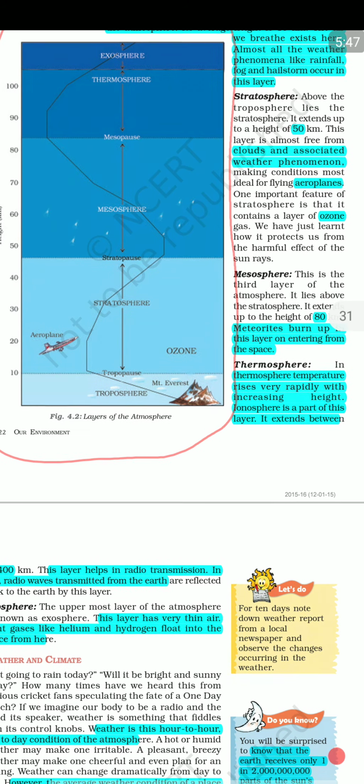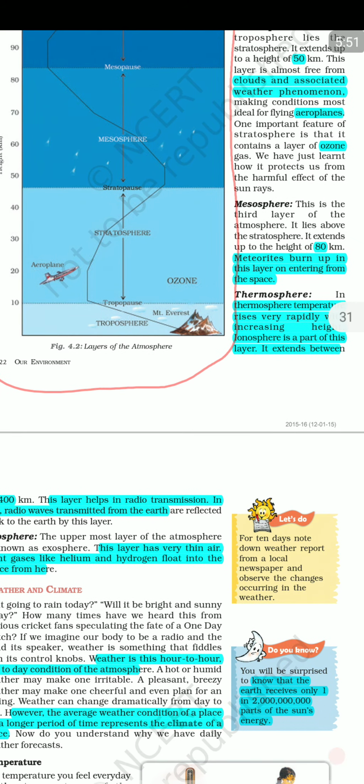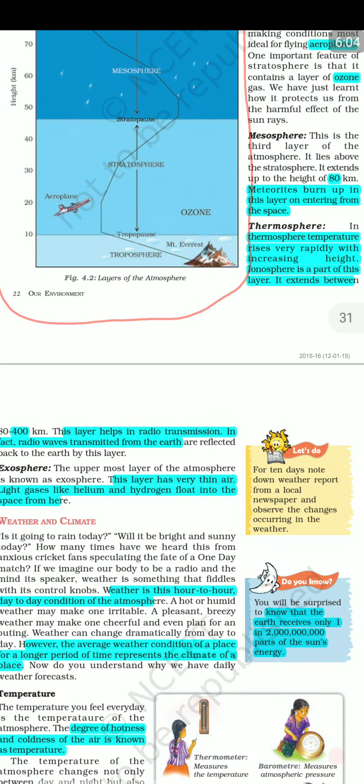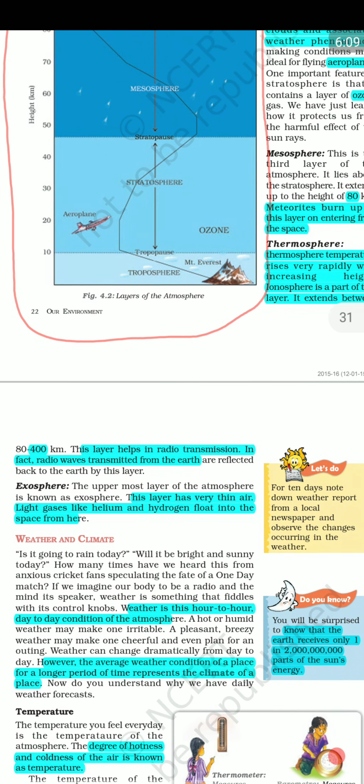After that we have the mesosphere. Again there is a fall in temperature, and the meteoroids entering from space burn in this layer. Then we have the thermosphere, where temperature rises rapidly with increasing height. The ionosphere is a part of this layer, extending between 80 to 400 kilometers.